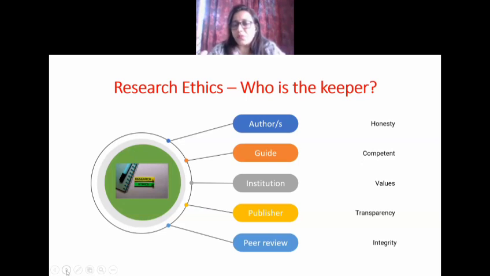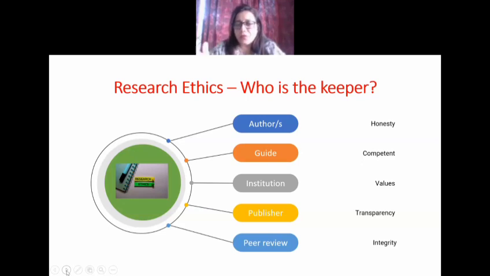Now, when there is a case of co-authors, a lot of ethical concerns arise, including how you decide who will be named as the first author and who will be named as the second author. Do you have clarity beforehand in delineating the work that you're going to take up?